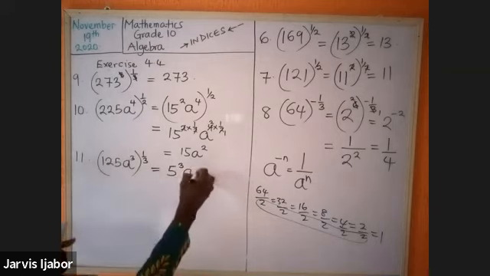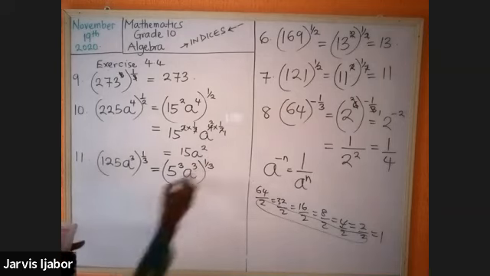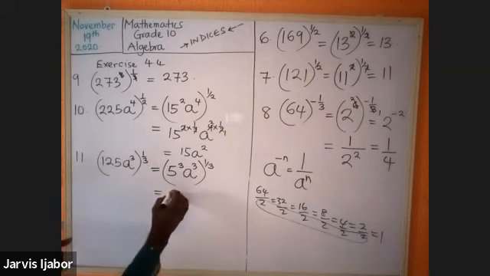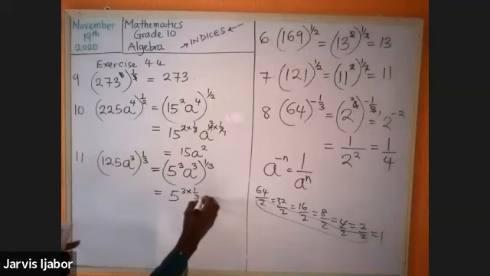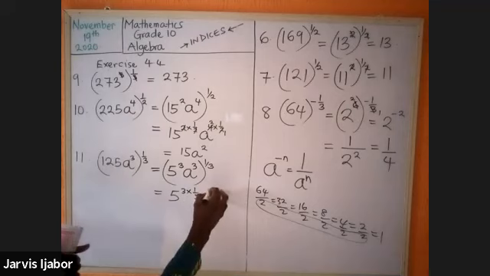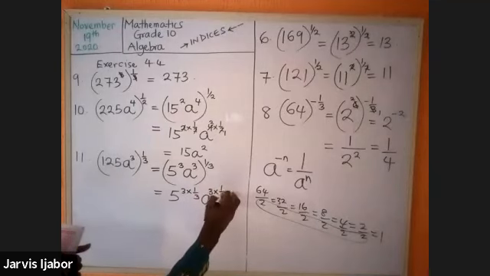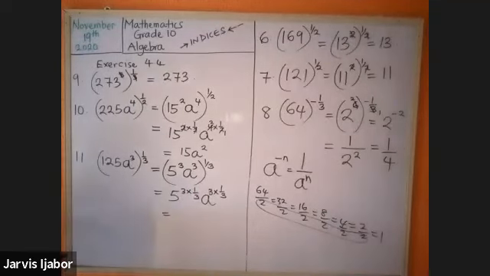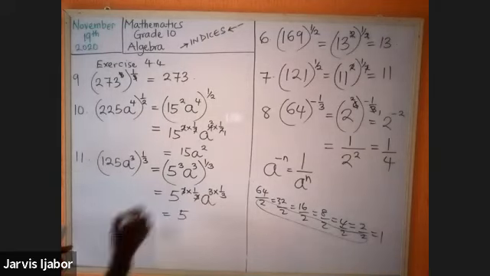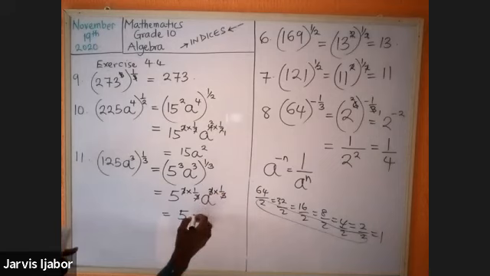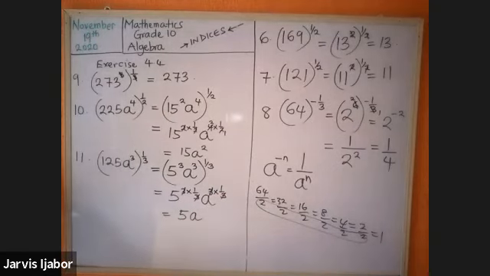And this will be a raised to the power of 3, all raised to the power of 1/3. The next thing I do is to treat them individually. And that will give you what? 5. And that will give you what? A. So that answer is 5A.